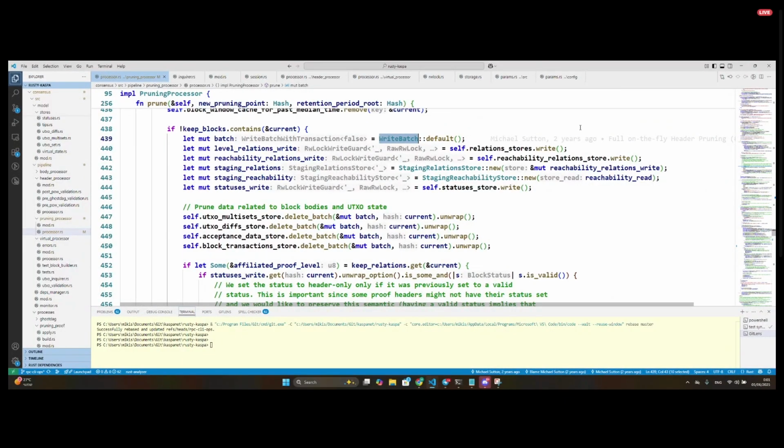So anything done here needs to take that into consideration. You might want to separate the pruning of block data and do it in different tasks, like delete block data locally per block, but batch the DAG part, so the relations and all the other related stores. Yeah, so it's a bit nuanced.